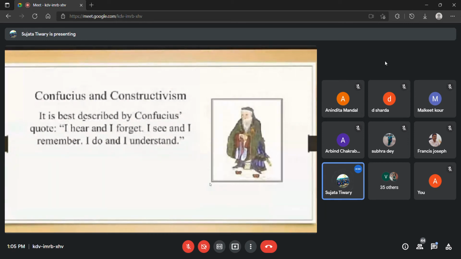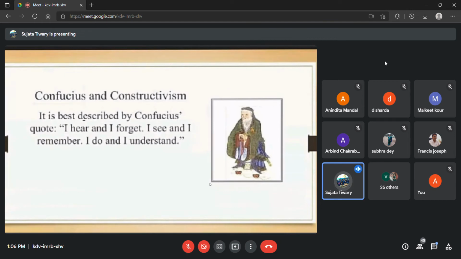I hear and I forget. Very frequently we see that when we teach, after 2-3 days, or even the same day, if the students are asked, they are unable to give any answer. I see and I remember. That is, for some time they see and remember, but after some days or months, they forget.